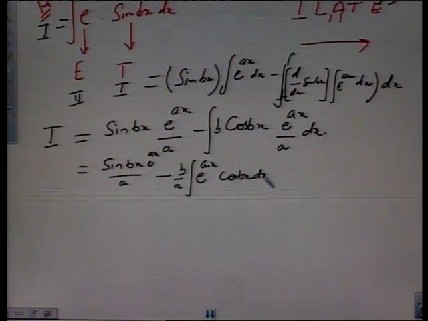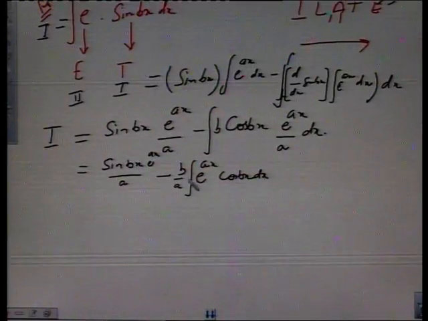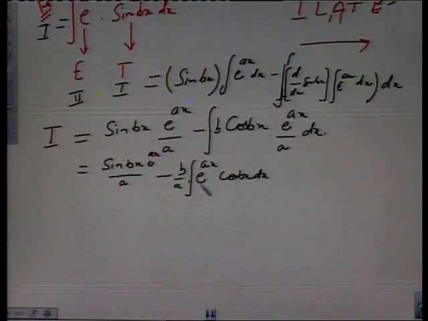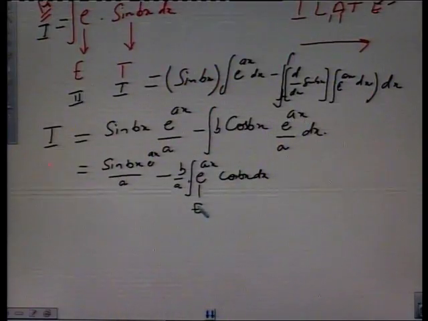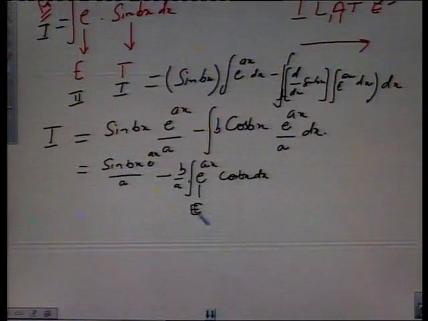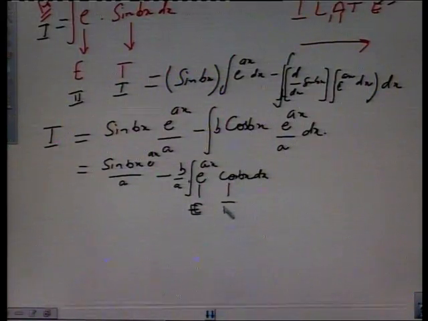Well, students, if you look at this function carefully, we still have an integral, and again it is a product of two different functions, out of which the first function is exponential, and the second function is trigonometric.